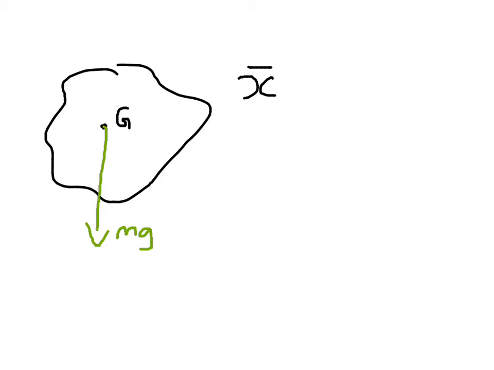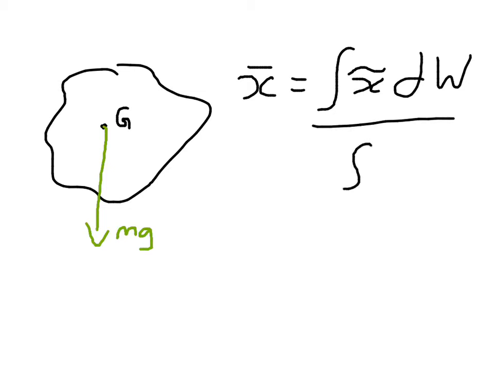And the x-coordinate would be the integral of x tilde (that wiggle is a tilde) dw over the integral of dw.